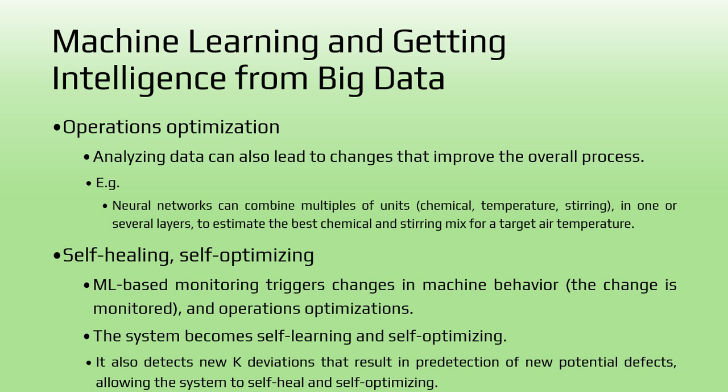Based on whatever circumstances it has faced, it takes decisions by itself and then behaves properly and tackles that scenario. Here also, ML-based monitoring triggers changes in machine behavior. The change is monitored, and operations are optimized. The system becomes self-learning and self-optimizing. It also detects new deviations, resulting in pre-detection of new potential defects, allowing the system to self-heal and self-optimize.